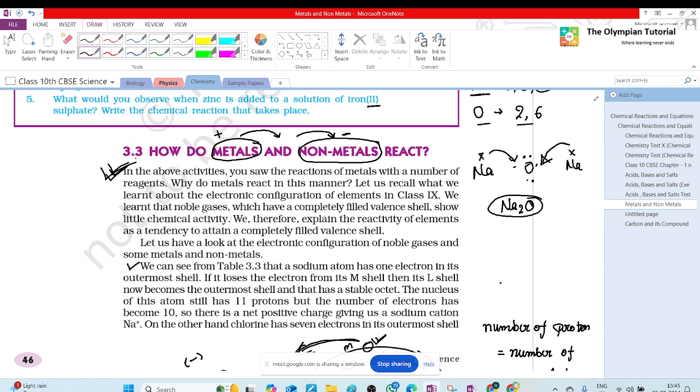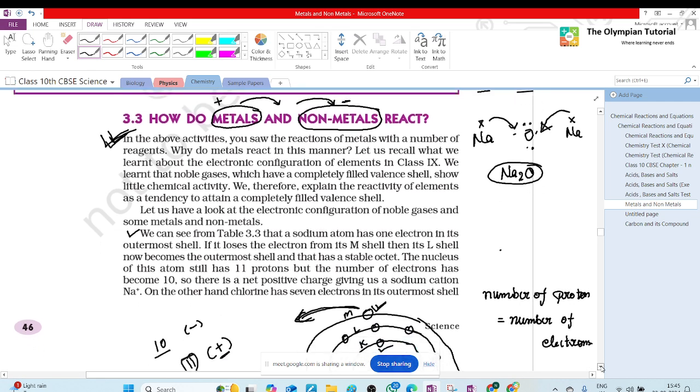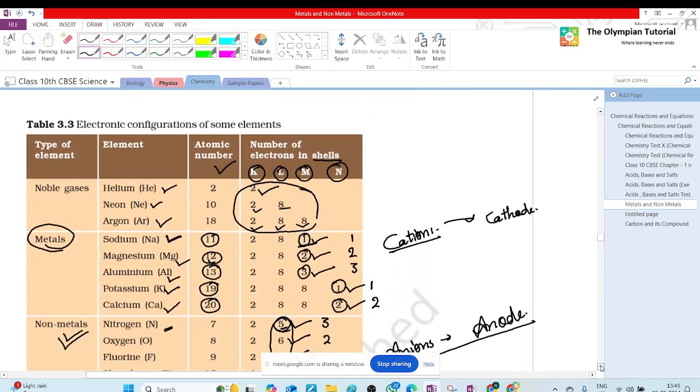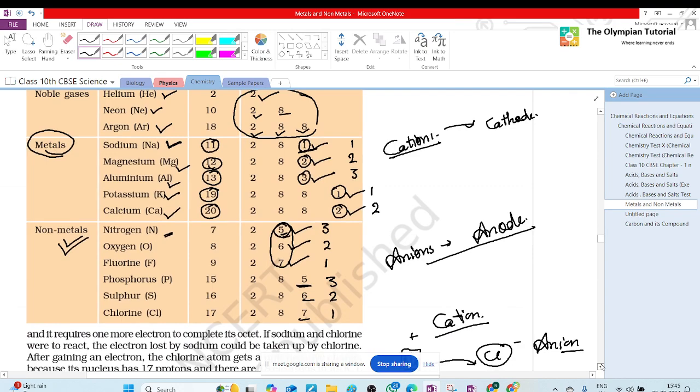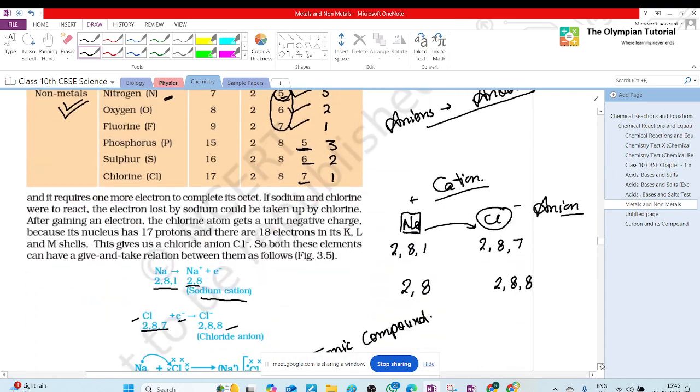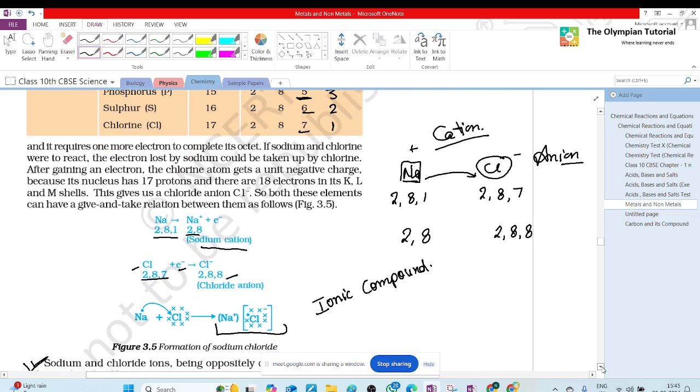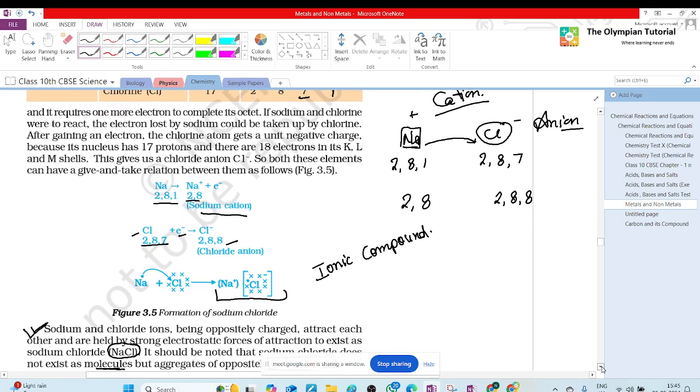On the other hand, chlorine has 7 electrons in its outermost shell and requires one more electron to complete its octet. If sodium and chlorine were to react, the electron lost by sodium could be taken up by chlorine. After gaining an electron, the chlorine atom gets a unit negative charge because its nucleus has 17 protons and there are 18 electrons in its K, L, and M shells. This gives us a chloride anion Cl minus.